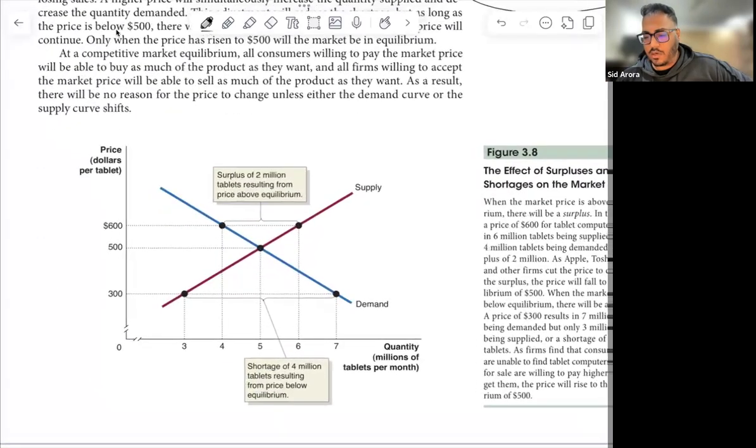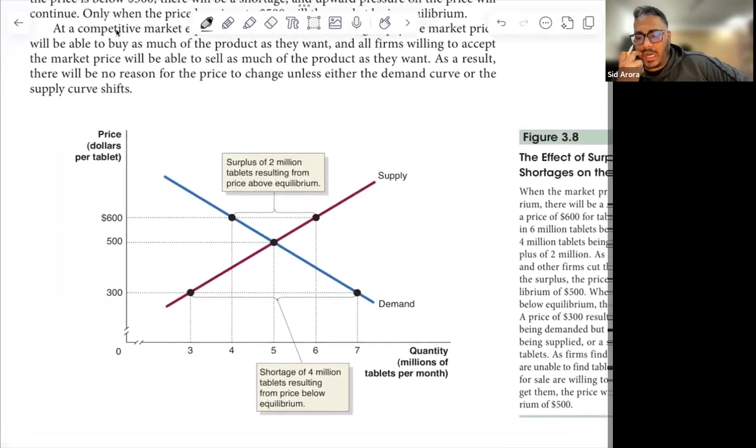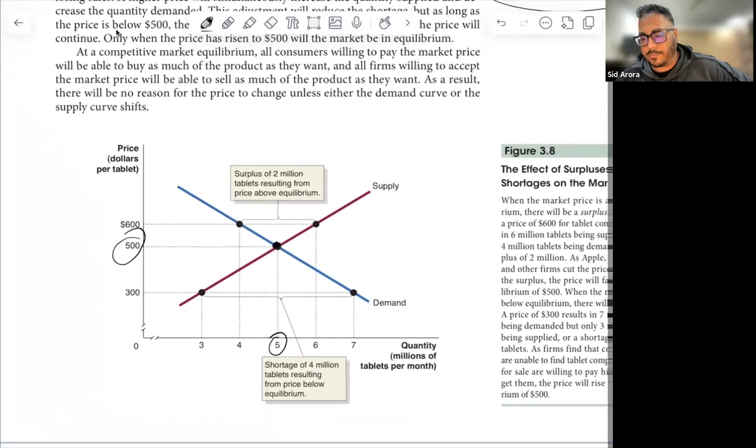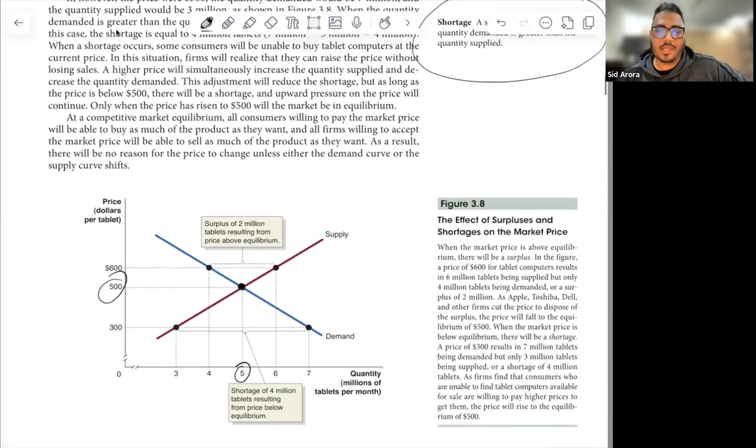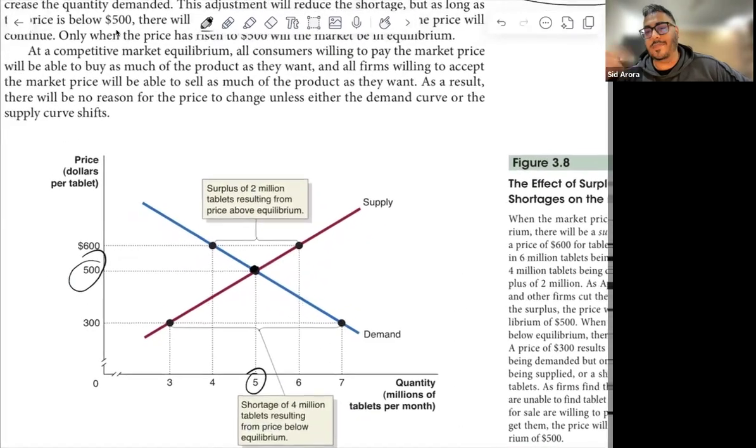Okay, so this is our market equilibrium. As we discussed, this was our point of equilibrium, price of 500, and the quantity was 5 million tablets being sold. So let's look at surplus first. Let's say the market is not in equilibrium. Then there can only be two cases.